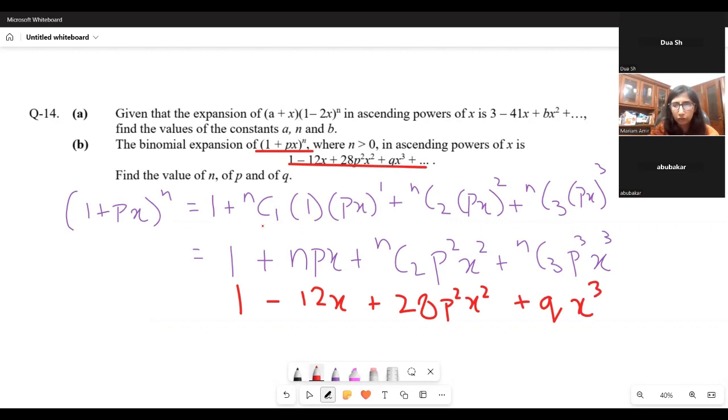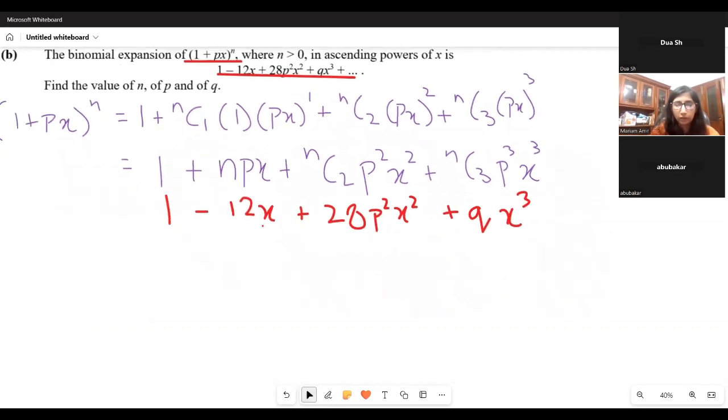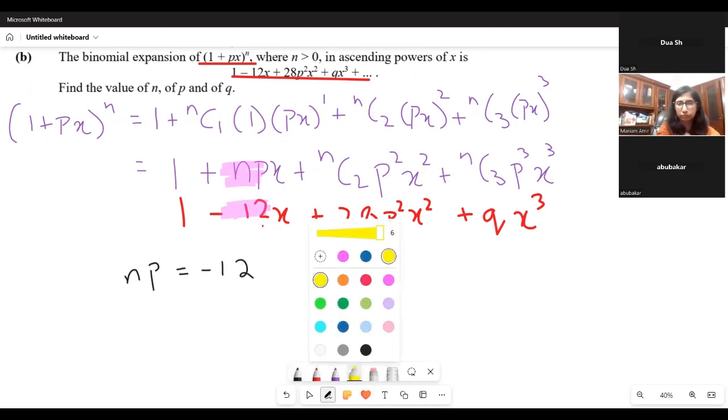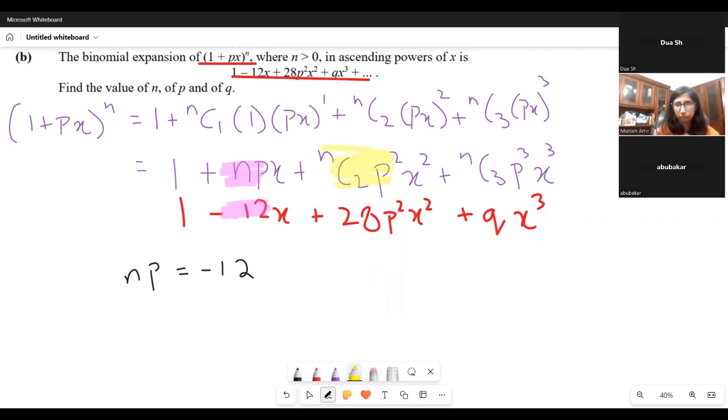Okay. If we equate 1 and 1, we're not getting anything, so no need to go there. Equate np and minus 12, that gives us something. n times p should be equal to minus 12. And then equate the coefficients of x square on both sides: nc2 p square is equal to 28 p square. P square cancels out.